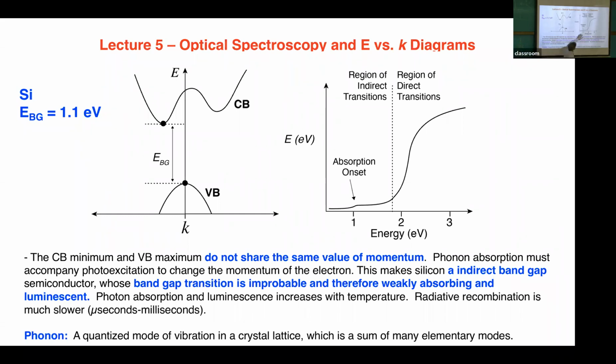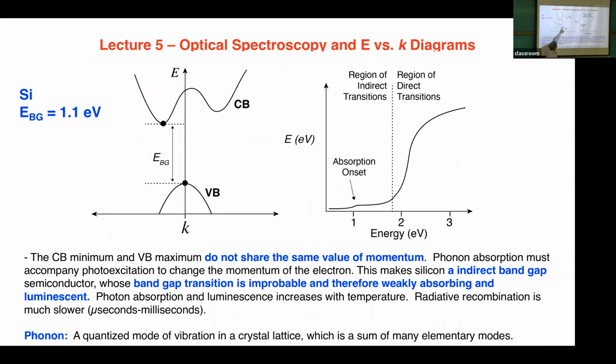If you look at the absorption spectrum for silicon, you get this very interesting behavior where there's an absorption onset that's way out here at the band gap energy, but it's very weak absorbance. Silicon does not absorb very well at its band gap. But if you go to higher energies, eventually you get to regions where there are vertical transitions on this E versus K diagram, and those are strongly allowed.